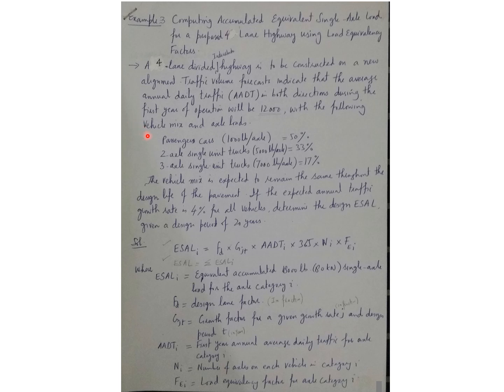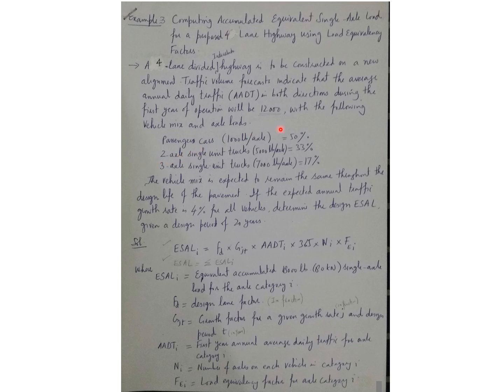Passenger cars, in that case 1000 pound per axle load is there, and passenger cars are comprised of 50% of traffic. 2XL single unit trucks, in that case 5000 pound per axle load is there, and this particular type of vehicles are comprised of 33% of the total traffic. 3XL single unit trucks, that is comprised of 17% of the traffic, and in that case 7000 pound per axle load is there.